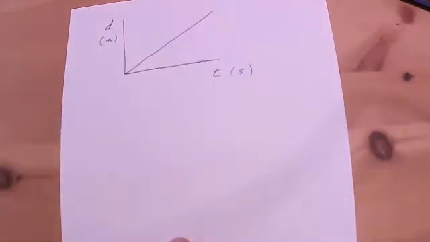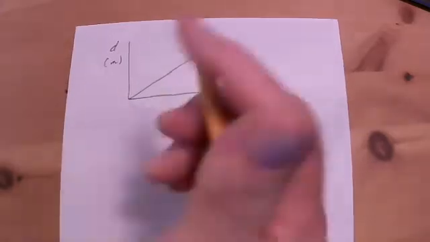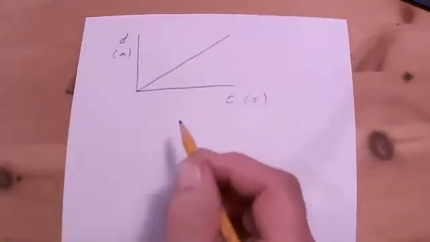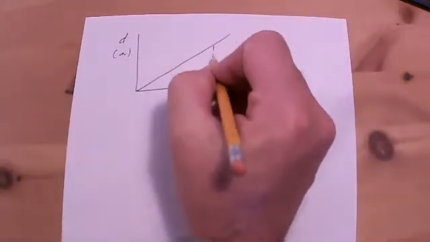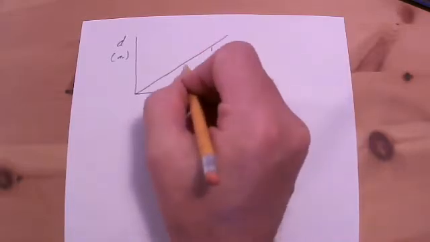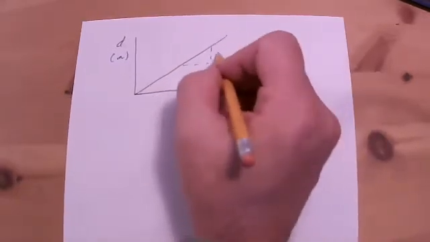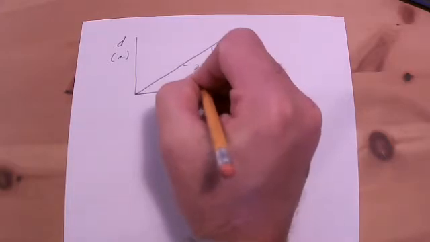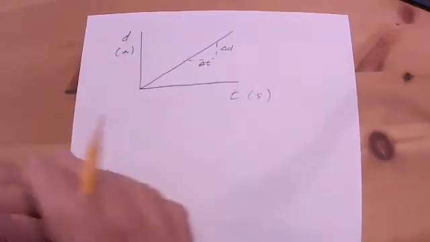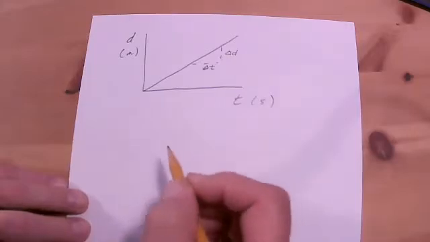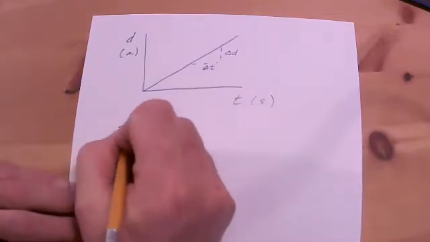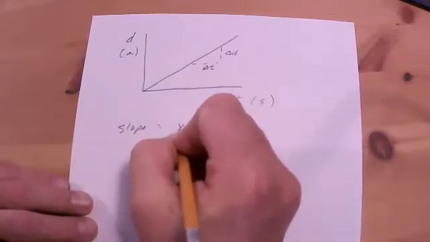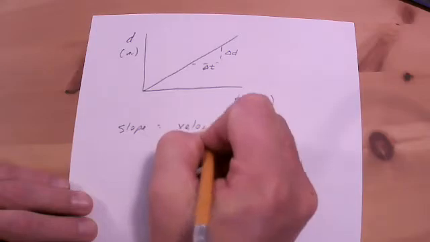And I get something like this, some straight line of non-zero slope. And speaking of slope, because that's what number 8 says, the slope of a distance time graph. Slope is rise over run, a change in the distance over a change in time. Now, a change in distance over a change in time is velocity. So the slope will give you the velocity.